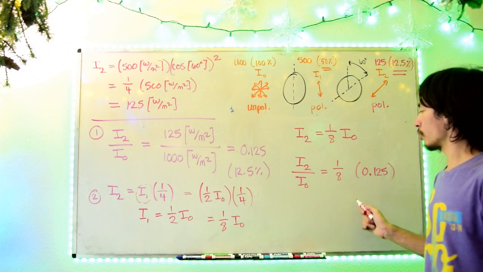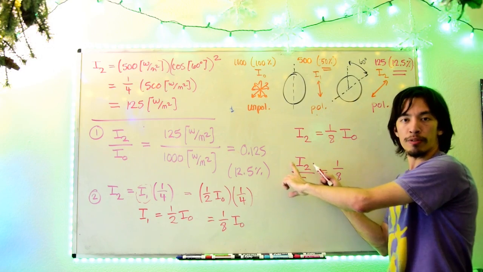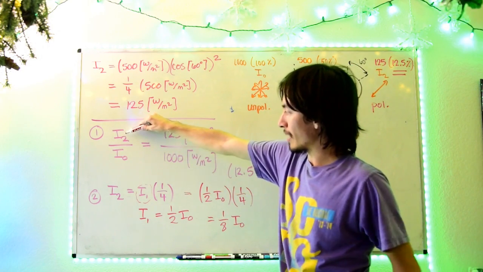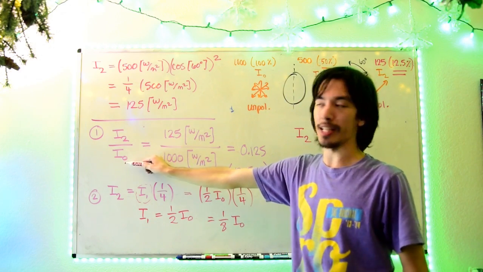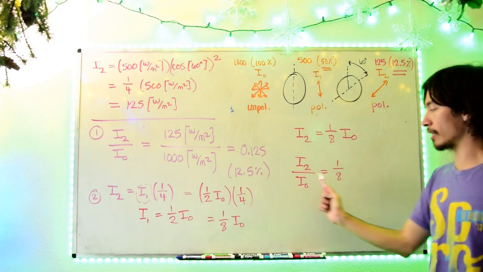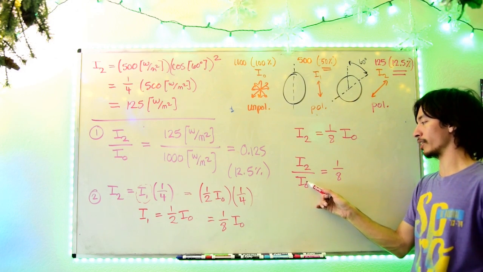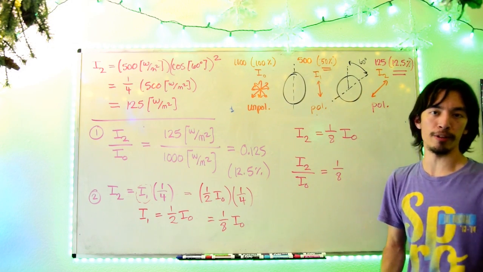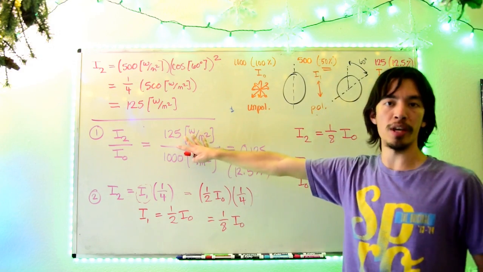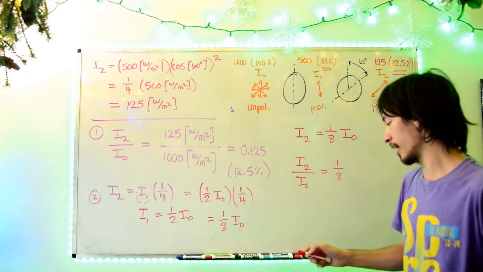Okay, so when you take I2 divided by I0, that's what we did here. When you take the final intensity and you divide it by the initial intensity, and here there are exact values, you get 0.125, and that's what you get here. When you take the final intensity and you divide it by the initial intensity, you get 0.125. So that's how you do it both ways, with numbers and with just the ratios without plugging in the intensities.